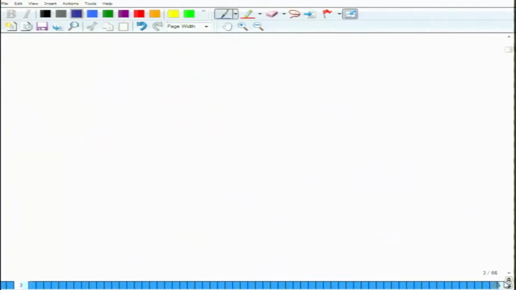So, again for a cubic system, UVW means family of directions, right.